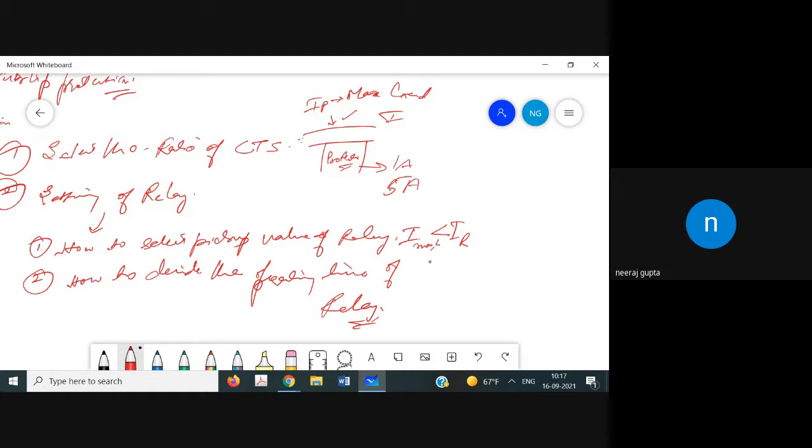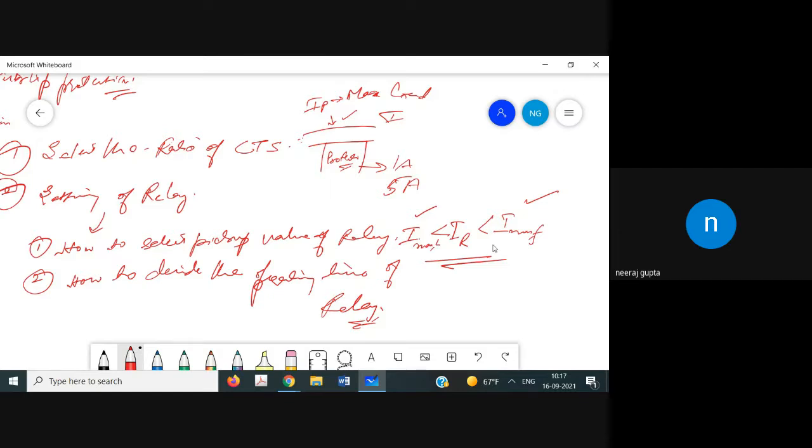However, it should be sensitive enough to respond to the minimum fault current. So it should be greater than the maximum load current and less than the minimum fault current. This will be the range of the pickup value.